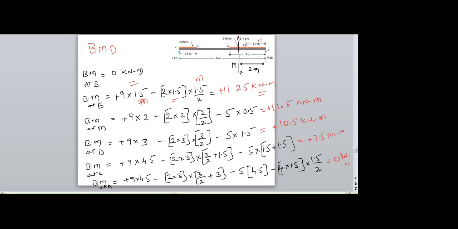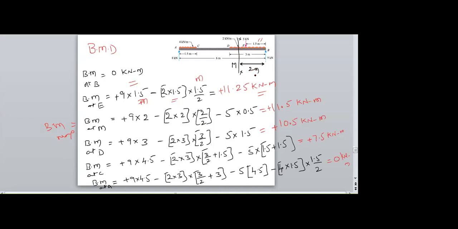Next, I need the section at M, that is the maximum bending. So what is the distance of this? The distance here is 0.5 from E to M, and again 1.5 is existing here.